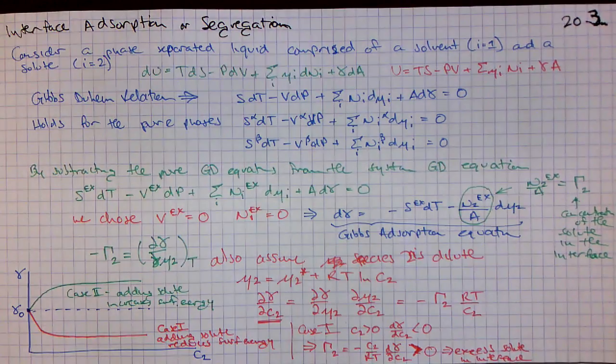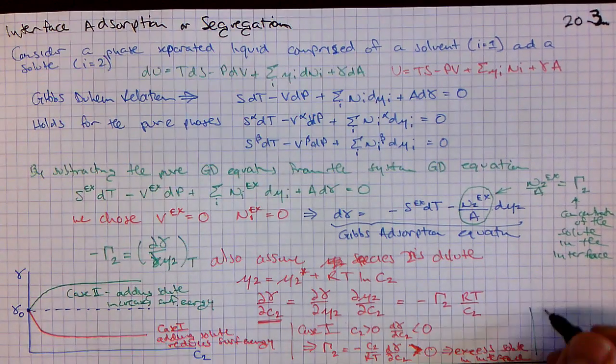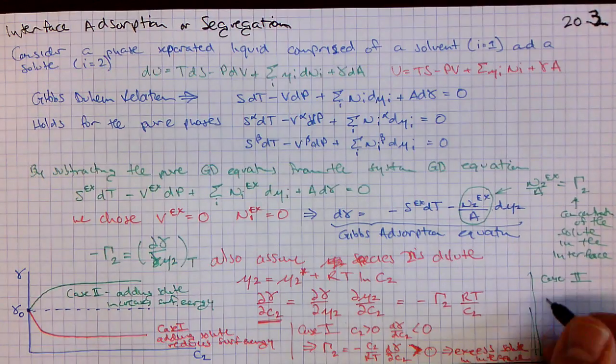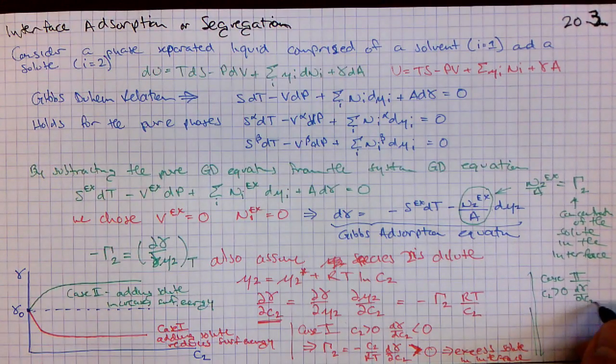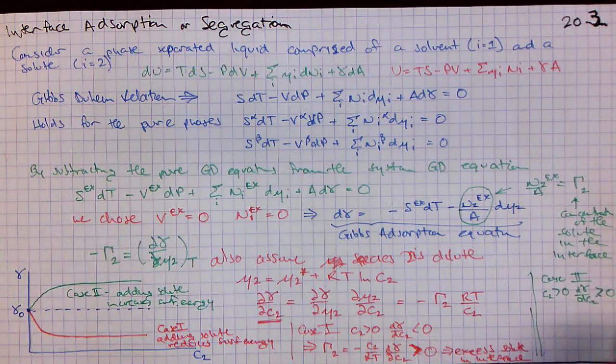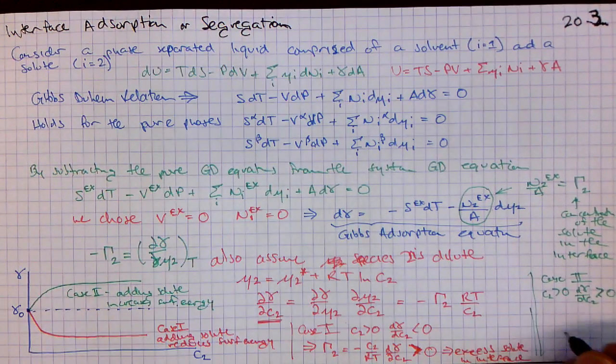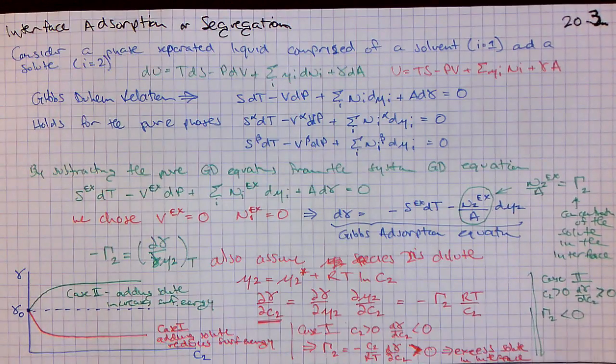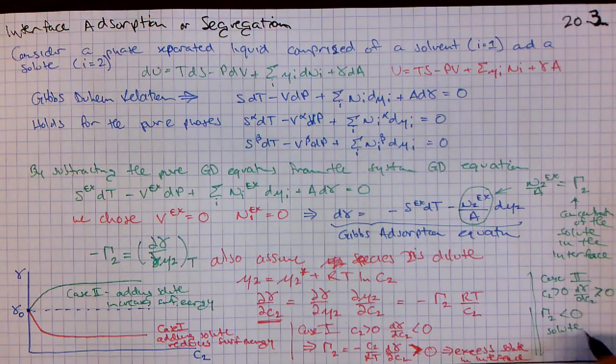On the other hand, for case 2, right, we know C_2 is greater than 0 and d gamma dC_2 is greater than 0, right, because the slope here is positive, and that tells us that gamma_2 must be less than 0 by the same argument, so we have solute is expelled from the interface, right?